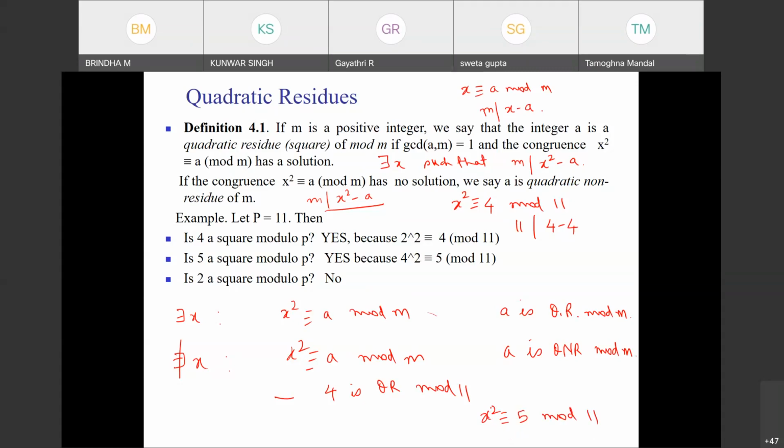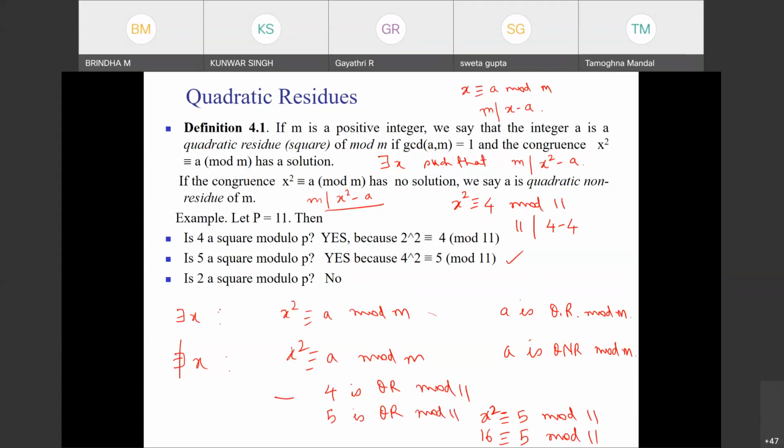Yes, X equal to 4. 4 square is 16, so 16 congruent 5 modulo 11. This is true, 11 divides 16 minus 5, that is 11. So 5 is also QR modulo 11.